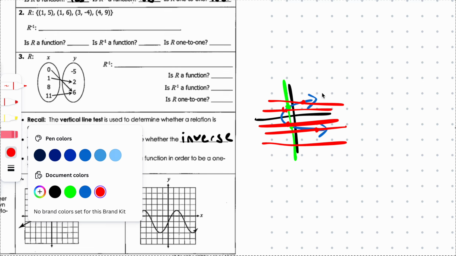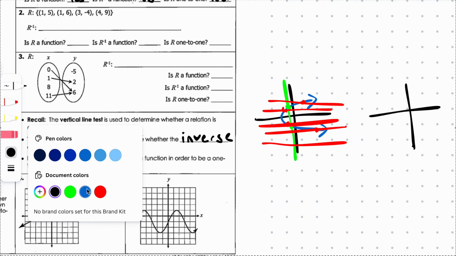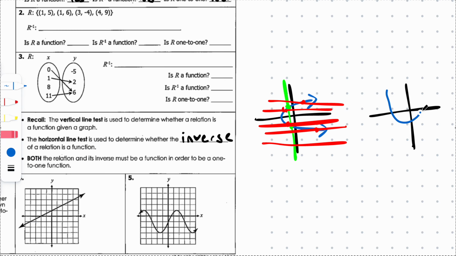Or the inverse of this sideways parabola, which actually is not a function, would be a function, if that makes sense. And the inverse of that would actually look something like this. Not exactly, but something like that. It would be just a normal parabola. And we see that this is a function, right?